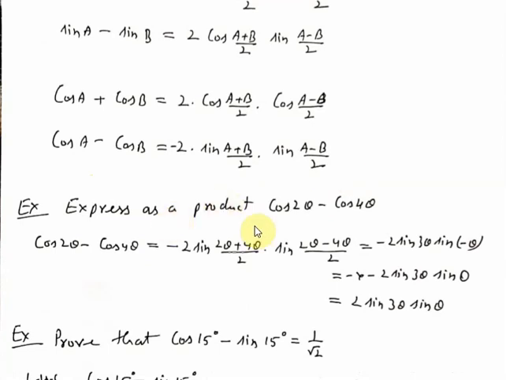Express as a product cos 2 theta minus cos 4 theta. So cos 2 theta minus cos 4 theta, the same trigonometric ratio comes. If minus is there, then sine comes.